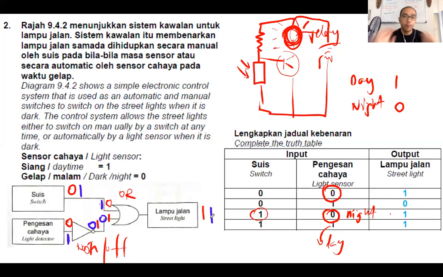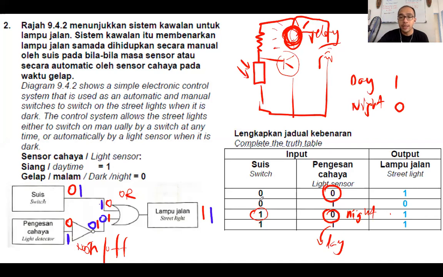But the point is that the arrangement of this must reflect what the question or the situation wants. The situation wants the control system to allow the street lights to turn on manually by a switch or automatically by a light sensor when it is dark. And it says OR. So it's either dark or the switch is turned on.